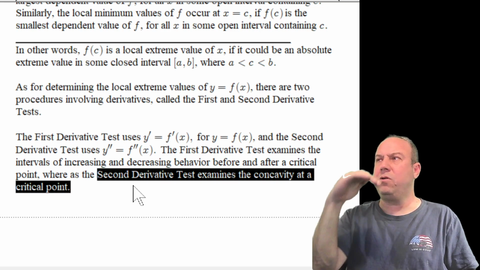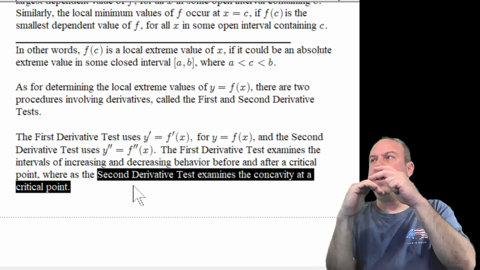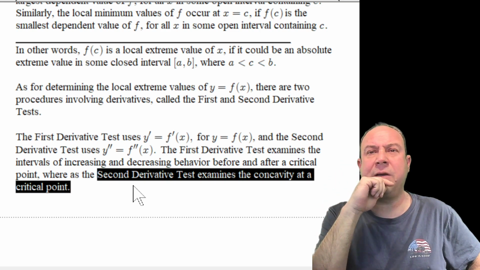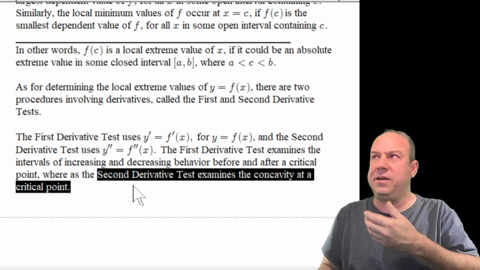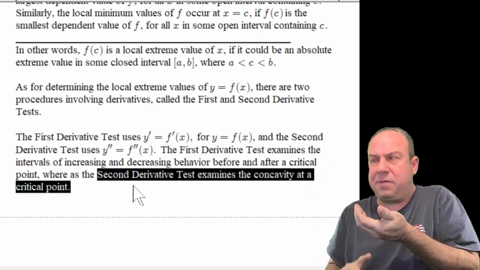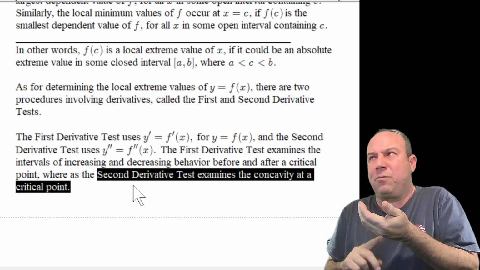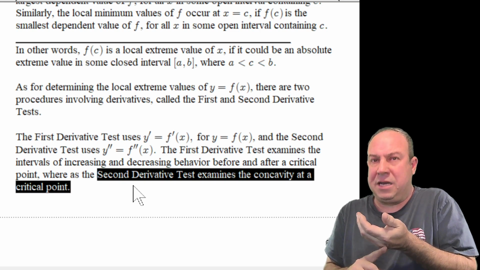What you will notice is if you're in a region where you are concave down, at the top of the function in that region, you will find a local maximum. And if you are in a region where you're concave up, at the bottom of the function in that region, you are going to find a local minimum value.